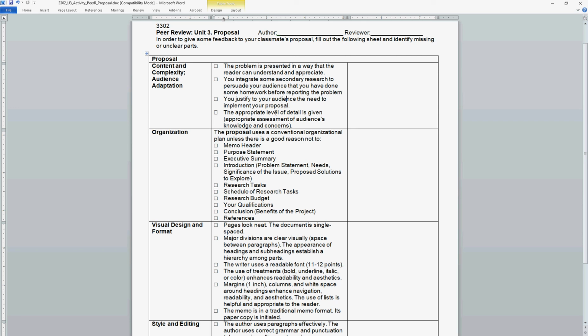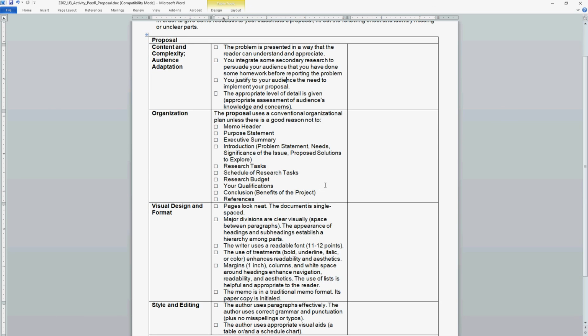So this one is optional, actually. But you do need to justify the need for the proposal, for the research, for the time and money that you would spend if this was the real world, and provide a good enough level of details for me to understand.